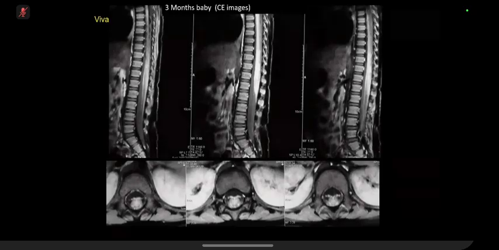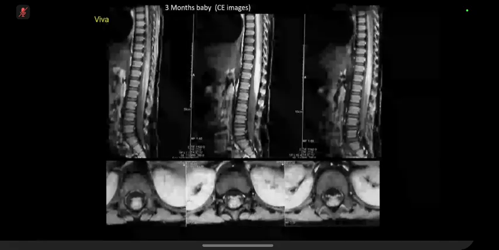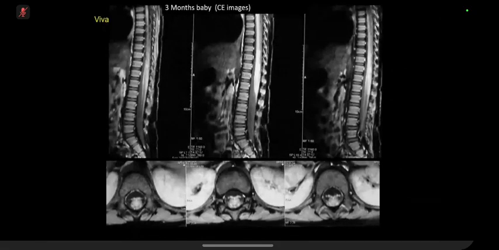Sure. So post-contrast imaging of a 3-month-old baby spine, I can see there is a high signal abnormality at the spinal canal located posterior to the cord, displacing the cord.